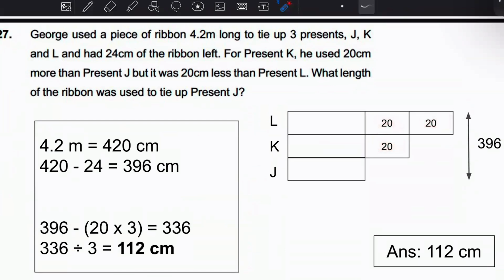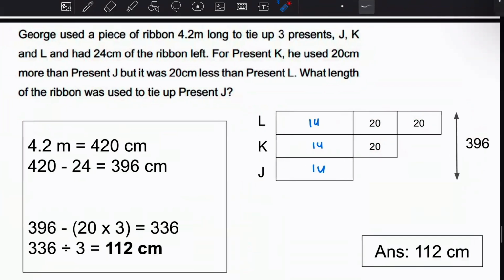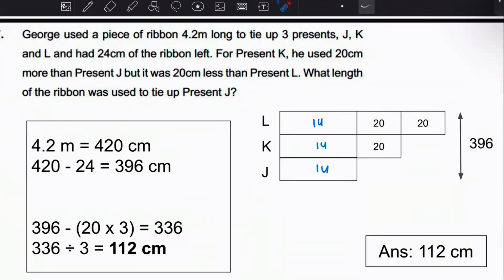Some students might also do this, which is completely fine. You can say that this is 1 unit, this is 1 unit, this is 1 unit, because these are completely equal, right? So what you can do is 396 minus 20, minus 20, minus 20, you get 336 cm.